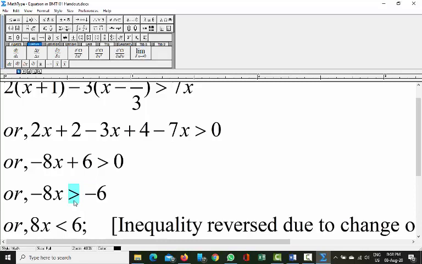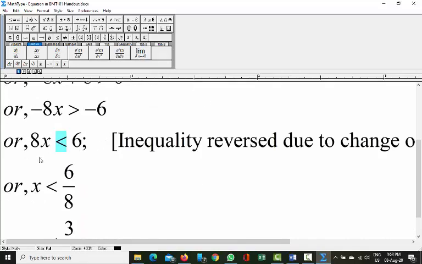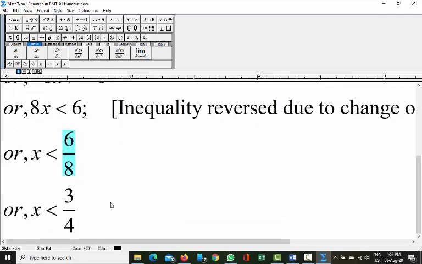Now it is greater than, now it will become smaller than. So 8x is smaller than 6. So if you bring this 8 to the right hand side, we will have 6 divided by 8. So 6 divided by 8 means, if you apply the process of cancellation, we will have 3 divided by 4. So x is smaller than 3 divided by 4.